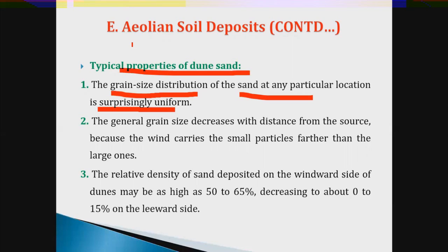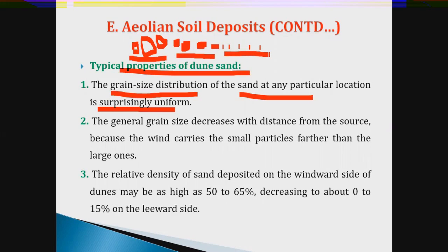Let's suppose the bigger particles will be carried to smaller distances, and the finer particles will be carried to the farther areas. So in this shape, you can see that if you want to check a particular location, then the grain size distribution will be uniform at any particular location.